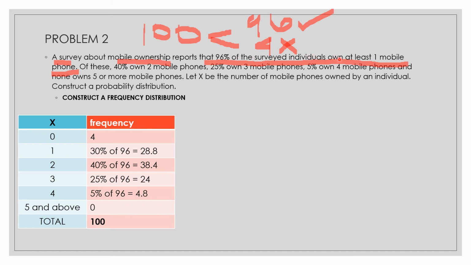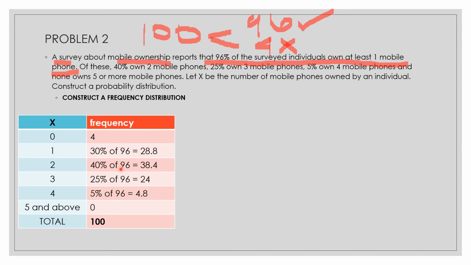According to our problem here, 40% own 2 mobile phones. So, unahin muna natin yung 40% na may dalawang cellphone. Balikan na lang natin itong 1 mamaya. Okay, for 2 mobile phones, 40% of that 96 na may cellphone, dalawa ang kanilang cellphone. Kaya 40% of 96 is equal to 38.4.